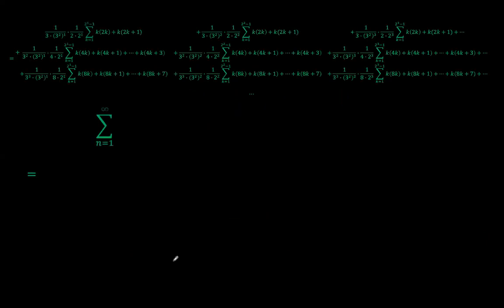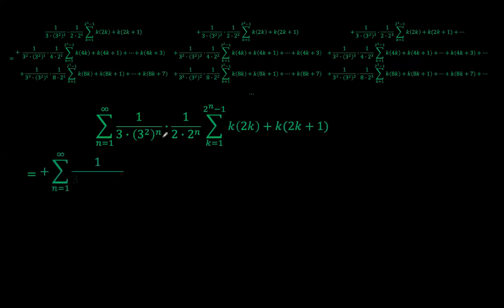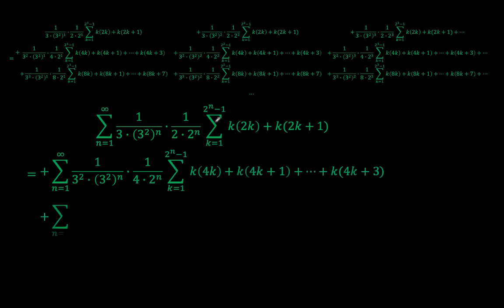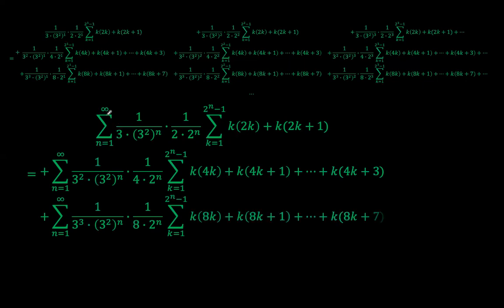Okay, so if we have that summation captured, we can see that for every row here, we have 3 times 3 squared to the power n, times 1 over 2 to the power n, summation of k equals 1 to 2n minus 1, of k times 2k plus k times 2k plus 1, and then we're summing from n equals 1 to infinity.